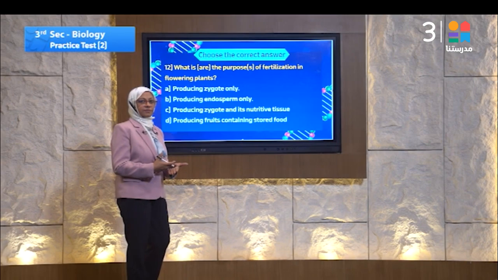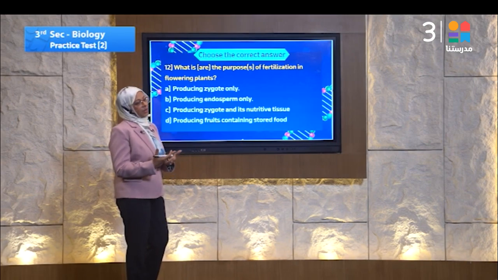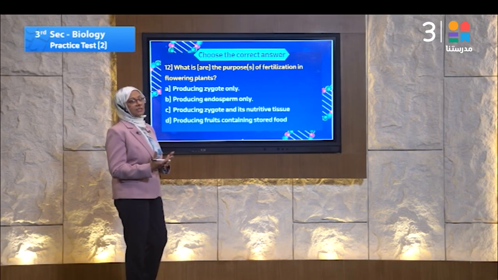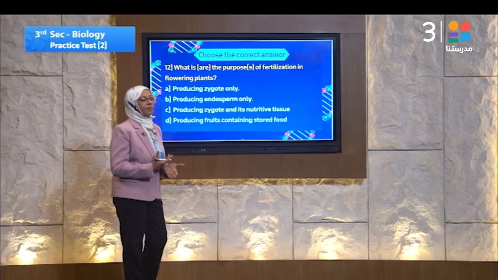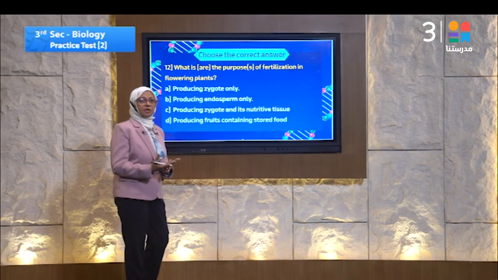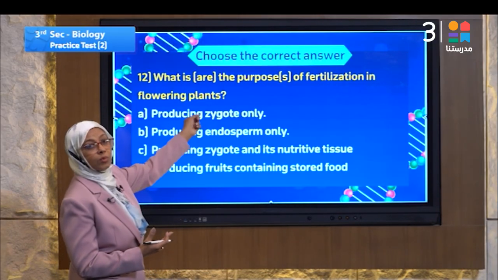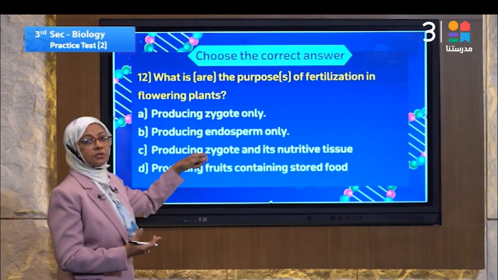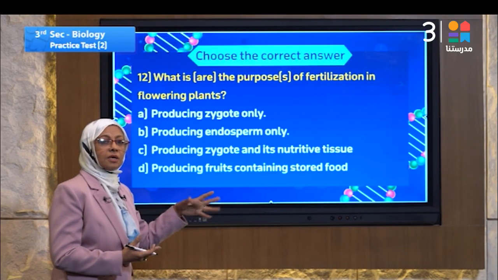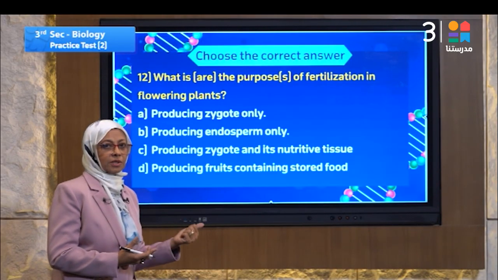Fertilization is a process of fusion of pollen grain and ovum inside the ovary. Fertilization returns the number of chromosomes to 2n. At first, the role or purpose of fertilization is to return the chromosome number to the whole number.